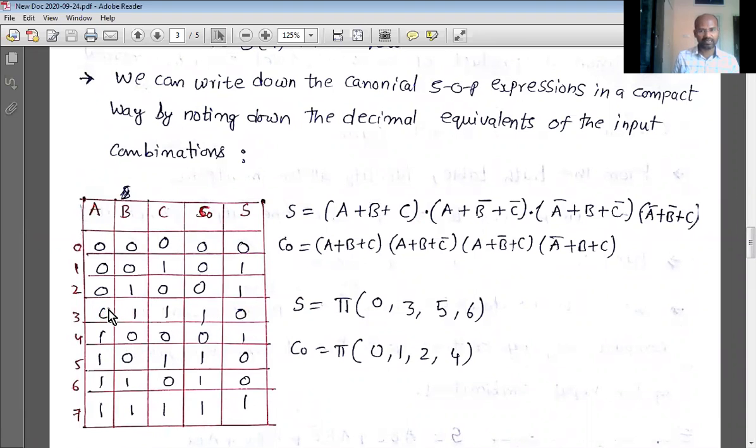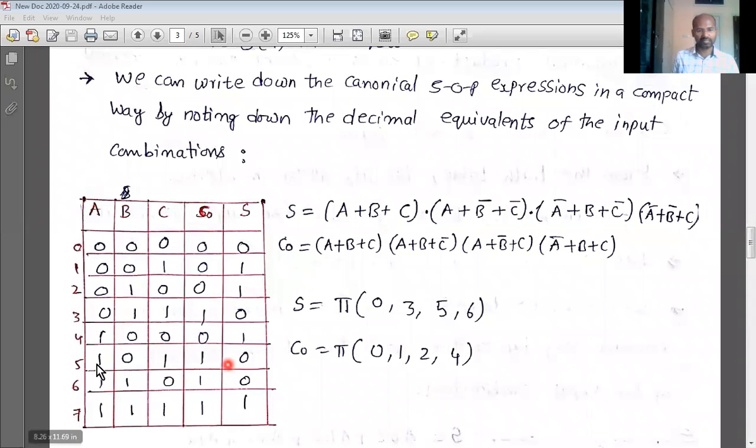See, this A term is appearing. A is taking 0 here. If A is 0, A comes out as A itself in forming the sum terms. Next, B is taking 1, so we get B bar. C is 1, so we write C bar.